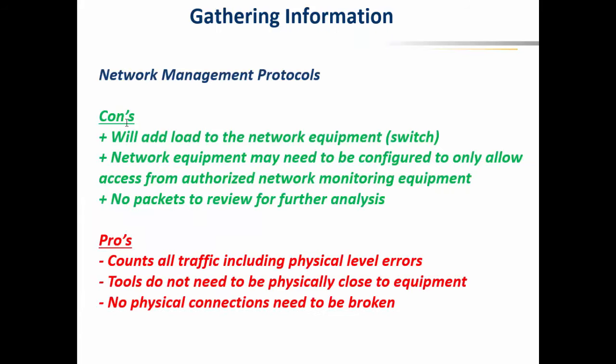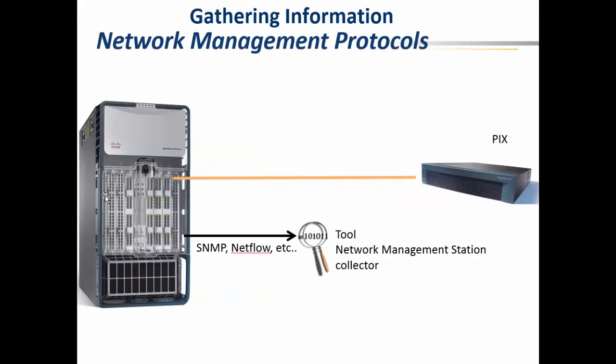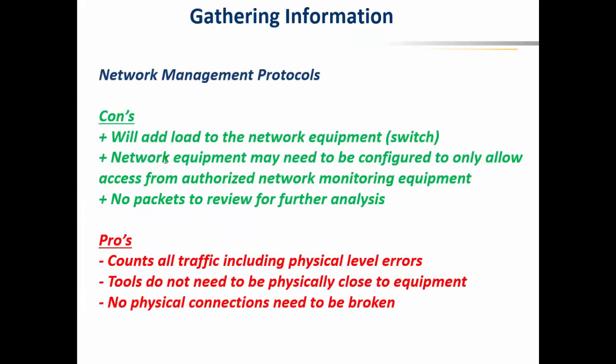So in this case, some of the bad stuff: it will add load to the network equipment, the switch or the NICs, because now it has to gather information and send it out to this device. Network equipment may need to be configured to only allow access from authorized network monitoring equipment.